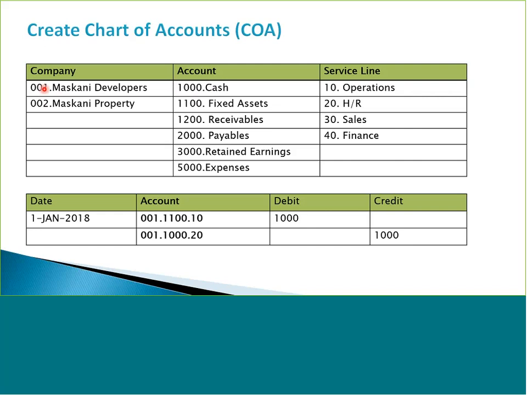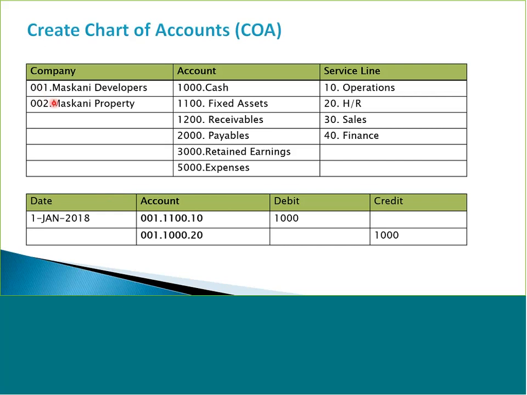If they think they're going to add more companies here, so if we only selected one, we'll only have a range of 1 up to 9. If we only selected a maximum number of characters as 1, then we are only able to enter Maskani Developers as just 1, or Maskani Properties as just 2.